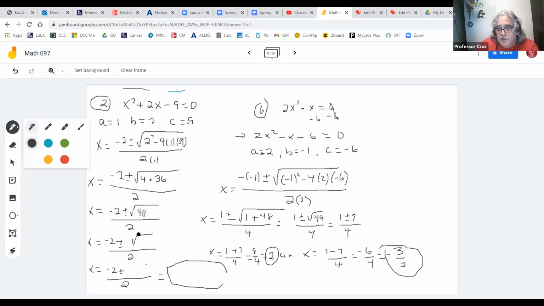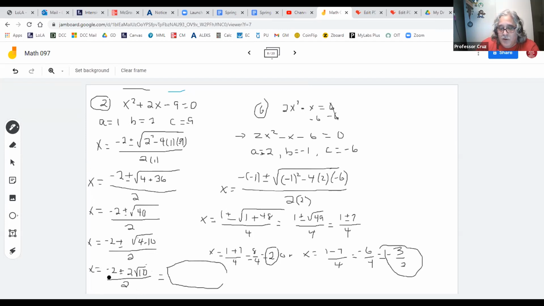All right, so this ends up being 4 times 10, and the 4 comes out as a 2. So that's negative 2 plus or minus 2 square roots of 10.